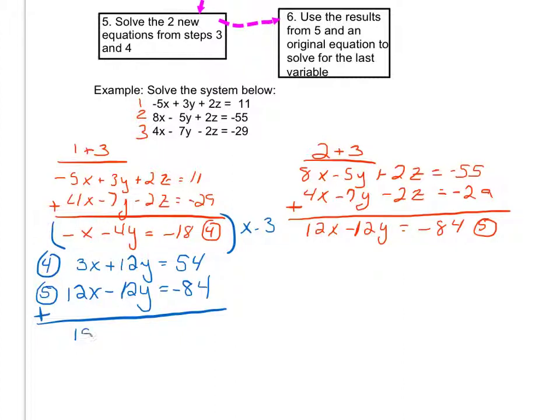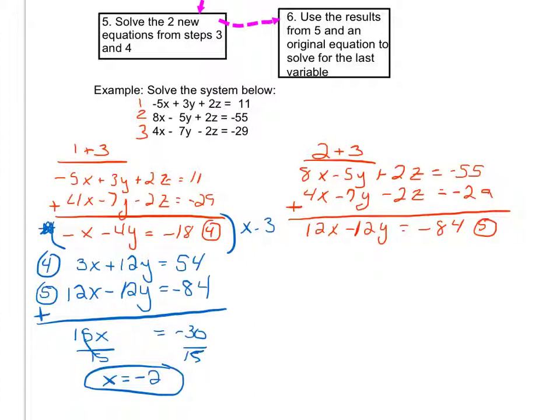Adding together I get 15x. My y's drop out. 15x equals negative 30. I divide by 15 and I get x equals negative 2. So I've solved for one of my variables. Now I have to solve for the other one. So I'm going to plug negative 2 back into either of 1, 4, or 5. I'm going to plug it back into number 4.